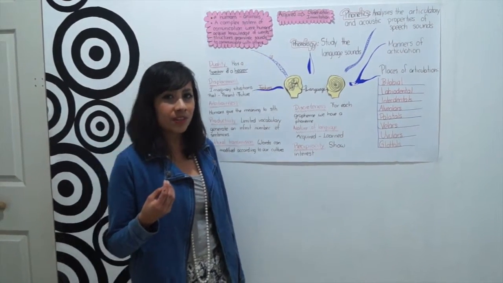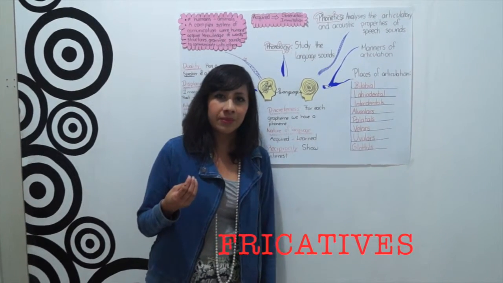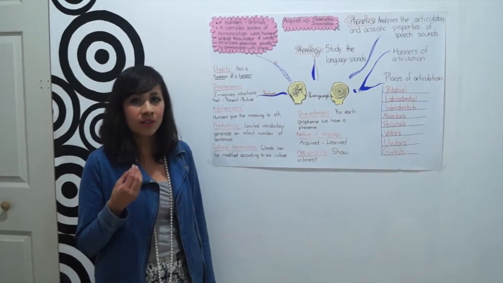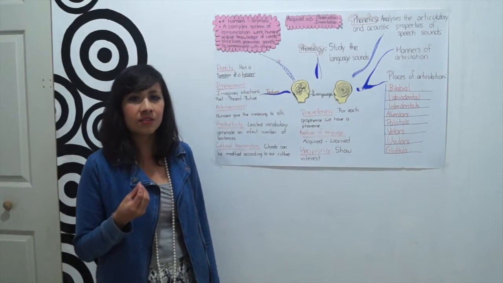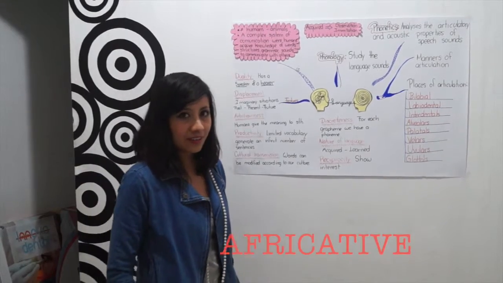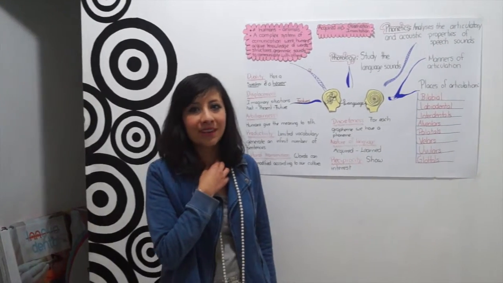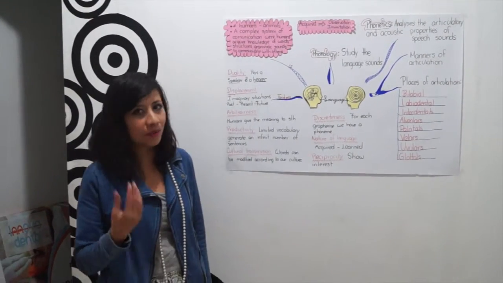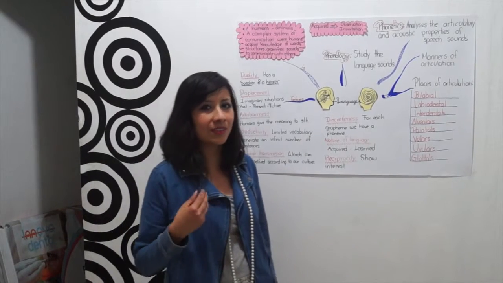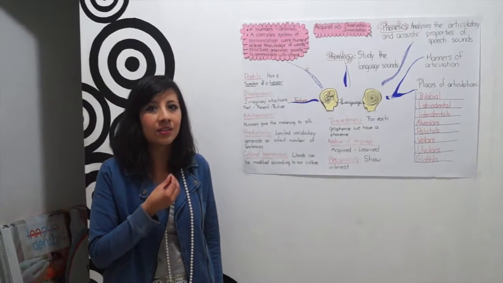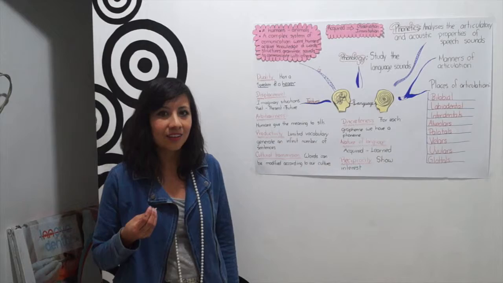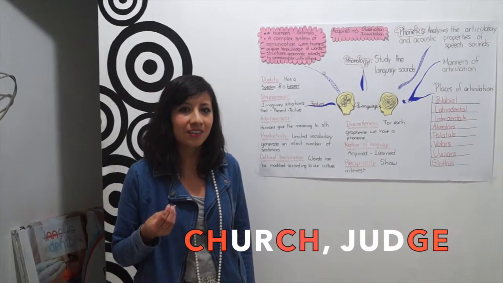We have also the fricatives, and it's when the sound is so severely obstructed that it causes friction. The affricatives mean that the sound produced by a stop closure is followed immediately by a gradual release of the closure. For example, church or judge.